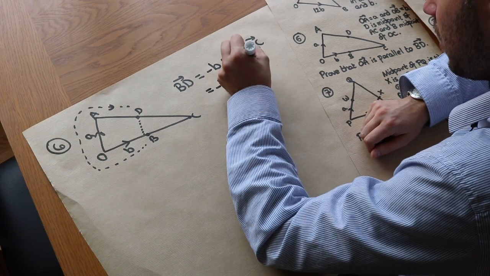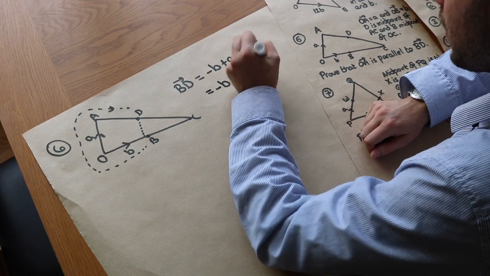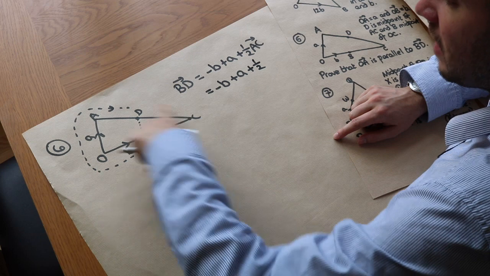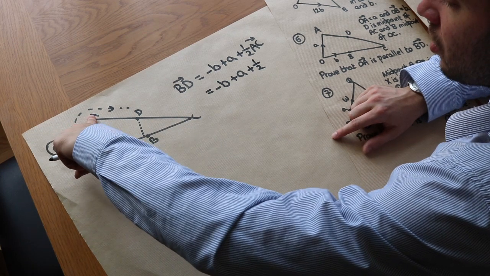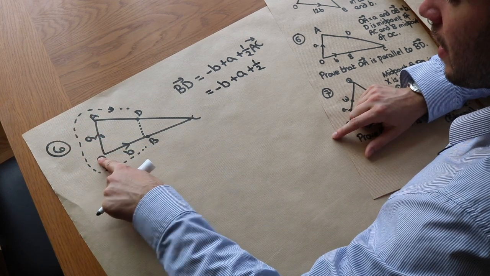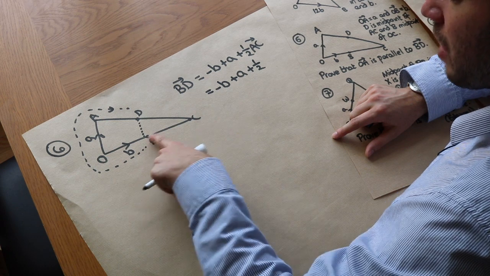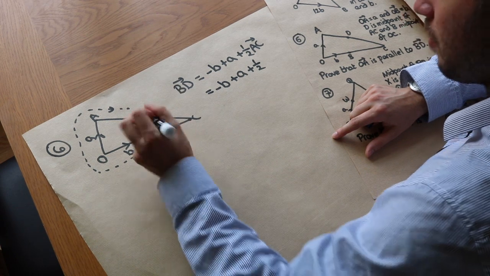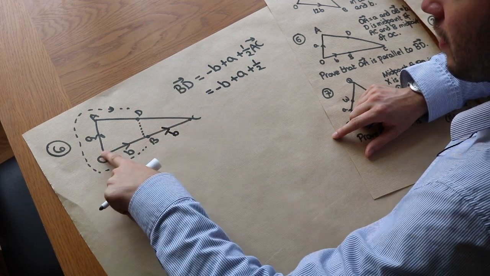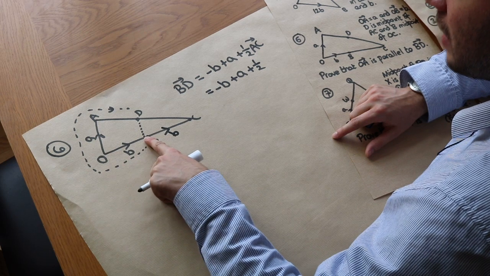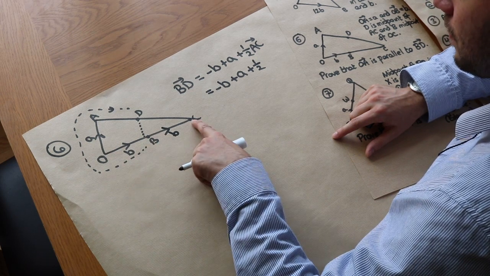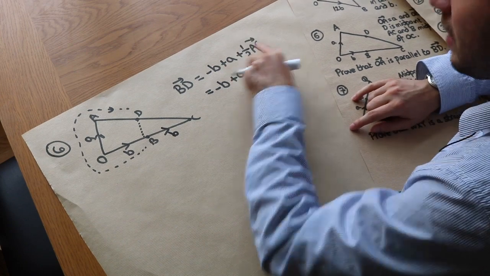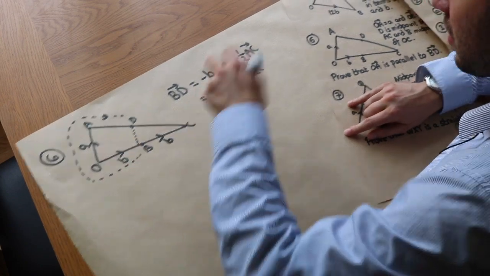So we need to separately work out what A to C is. I'm just going to do it in line here. To get from A to C, we could do minus A and then a B plus another B. We know that vector is also B because we're told that's the midpoint, so that movement from here to here is exactly the same movement as here to here. So it's going to be half of (minus A plus 2B).